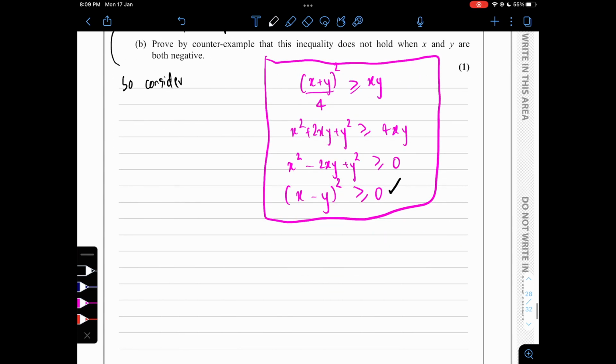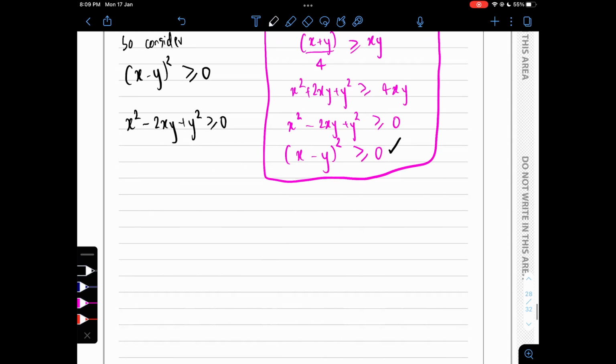Okay, so consider, we write x minus y whole squared is greater than or equal to 0, right? And then we expand, right? We get x squared minus 2xy plus y squared is greater than or equal to 0, right? We move the 2xy to the other side, so x squared plus y squared is greater than or equal to 2xy.